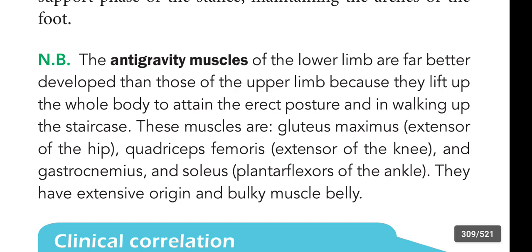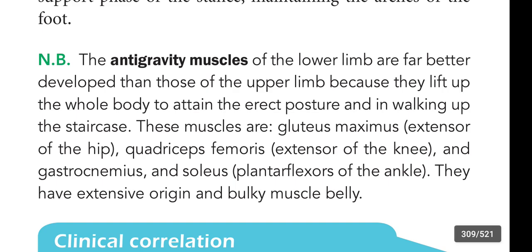The muscles are gluteus maximus, extensor of hip, quadriceps femoris, extensor of knee, and gastrocnemius and soleus, plantar flexors of the ankle. These gastrocnemius and soleus are superficial muscles of the posterior compartment of the leg.